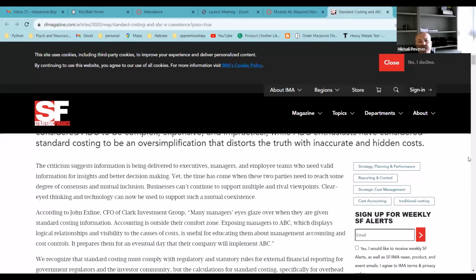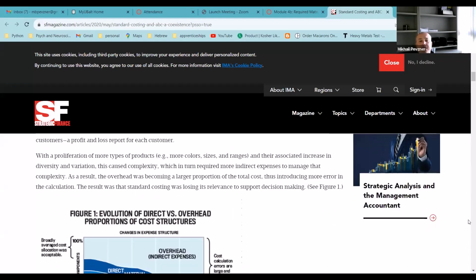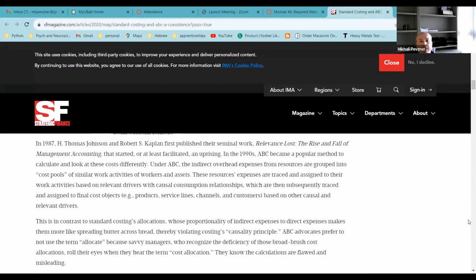Actually, kind of a nice article, and you don't read it line by line, but basically it talks about, if ABC is so great on paper, why do so many fewer people use it than we would expect? And the main reason is it's too costly to track all the data on its cost drivers and accumulate its cost drivers to make it worth it.